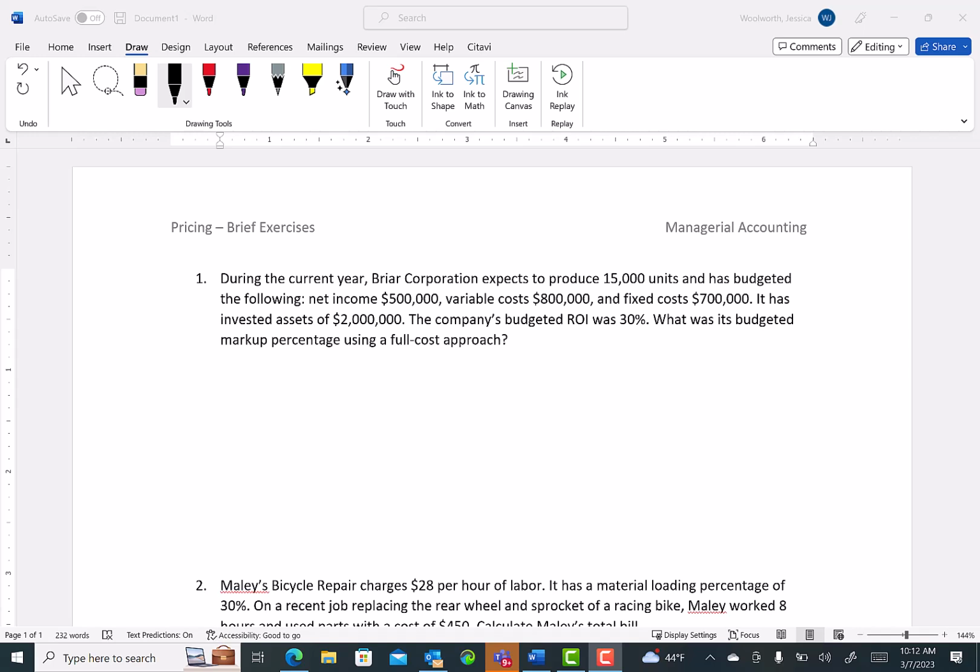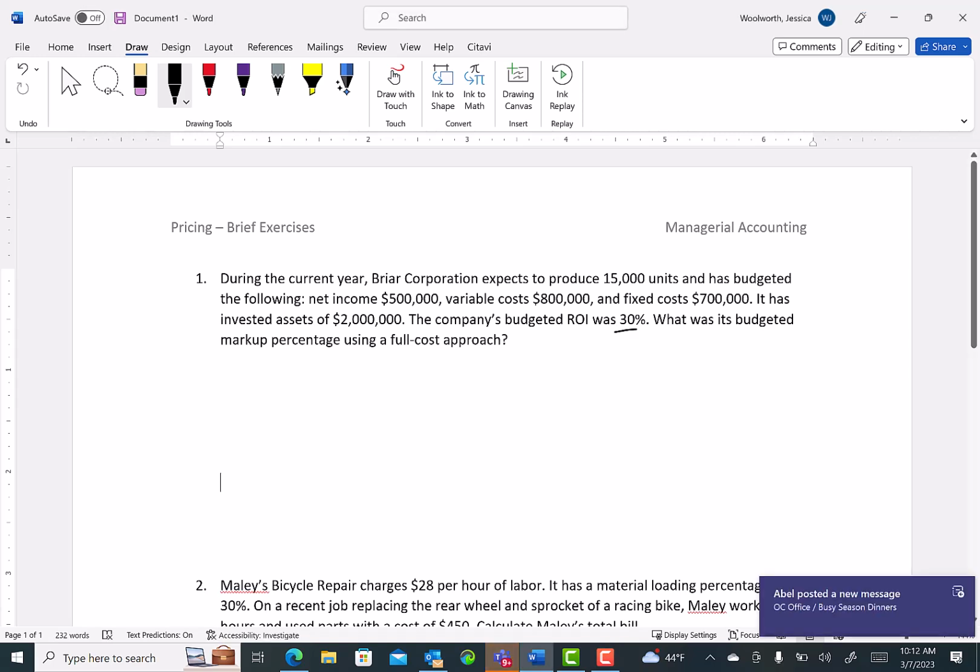So the first thing we're going to do here is look at what is the return on investment of each unit. What is our desired return on investment? To do that, we're going to take the amount invested times our ROI percentage, and then divide that by the units.